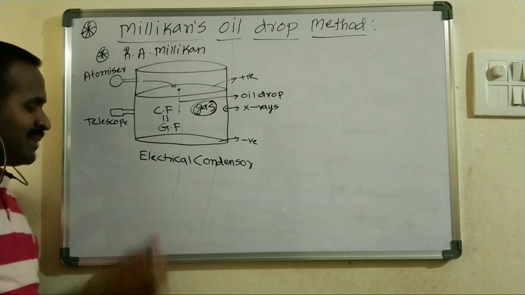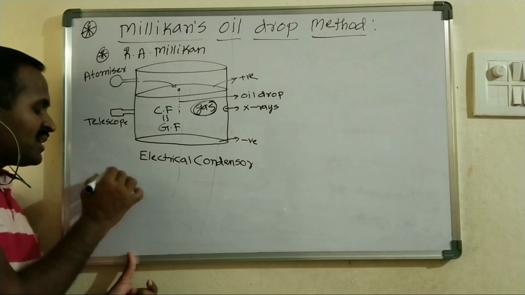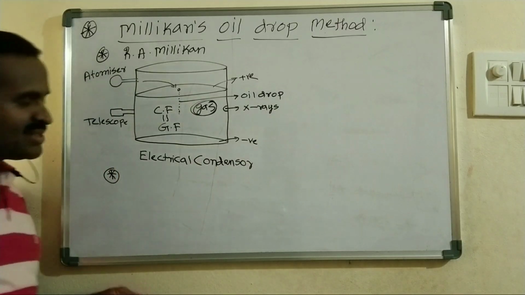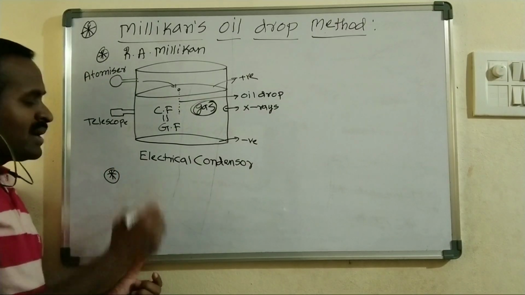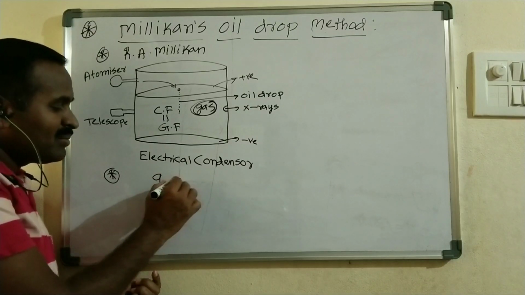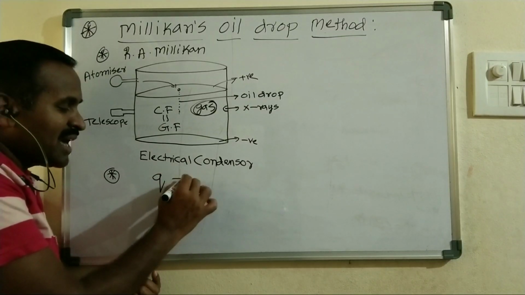From all these oil droplets, the electrical charge of the oil droplet observed by the scientist Millikan is always an integral multiple of the charge of the electron.